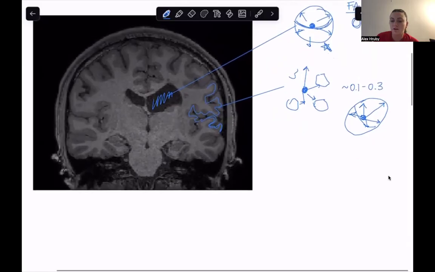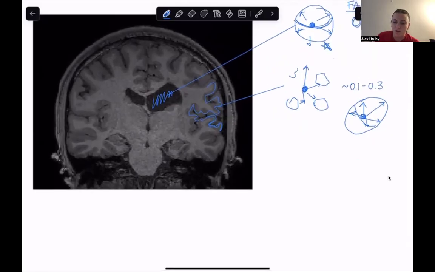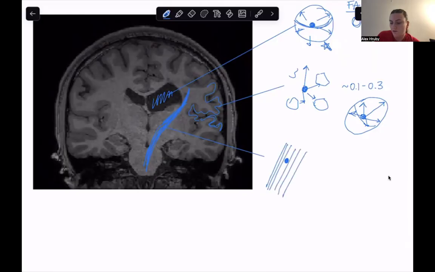So then the last extreme is when you have your white matter pathways. That's all of these pathways that are running through the brain here, like this. What happens here is that all of these pathways are axons, and you have all of your axons running like this. So your water molecules really only have one direction to go, up and down.